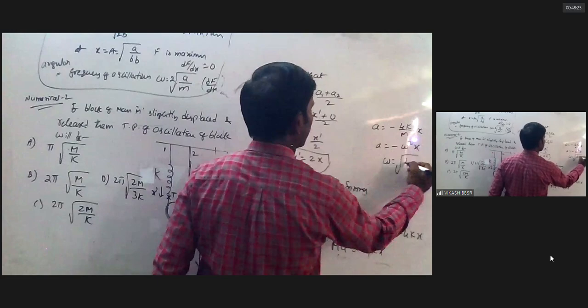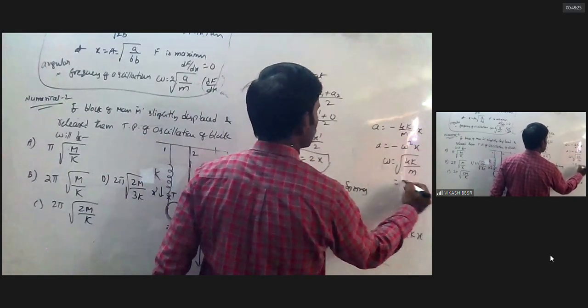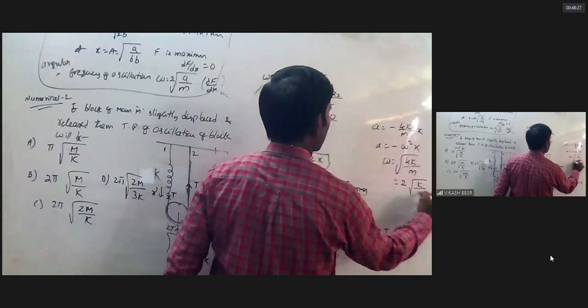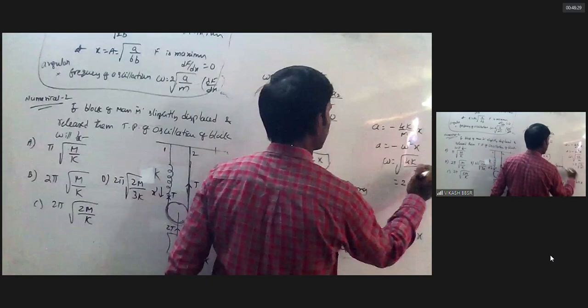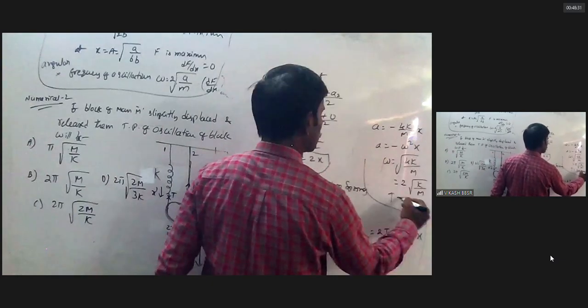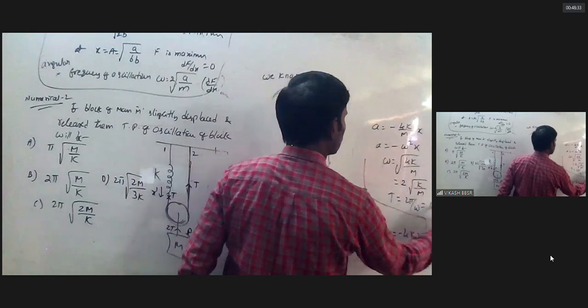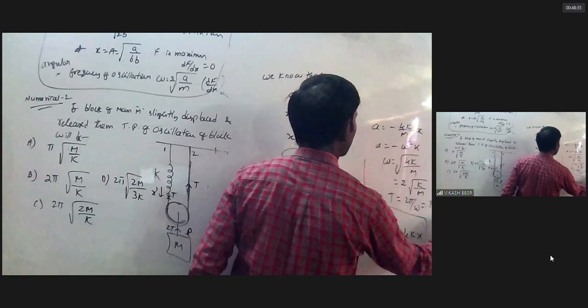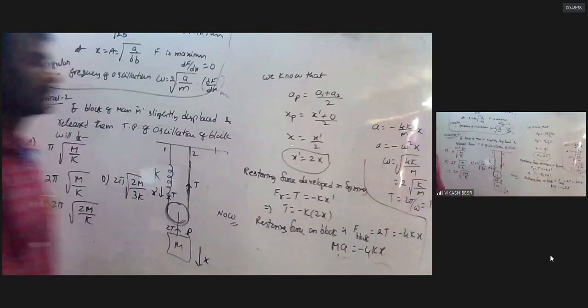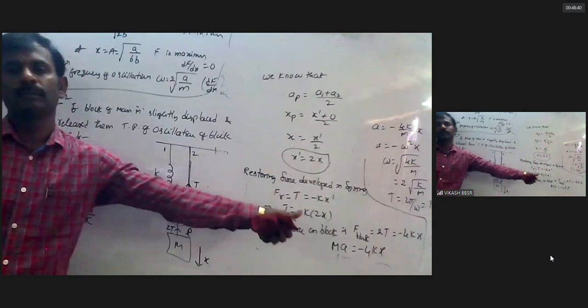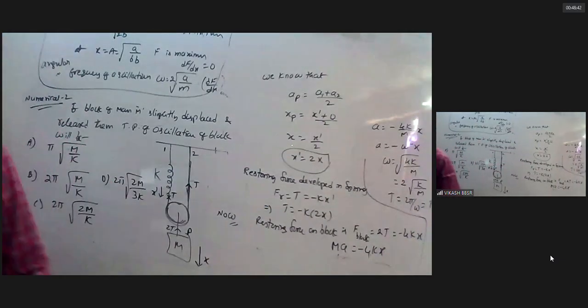Omega square is 4K by M. What is the time period of oscillation? T equals 2 pi by omega, so 2 pi root of M by 4K. See the procedure.